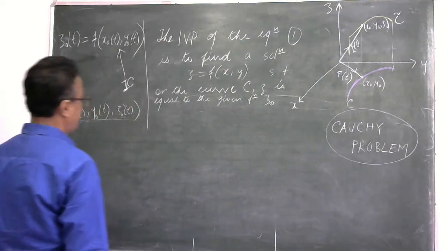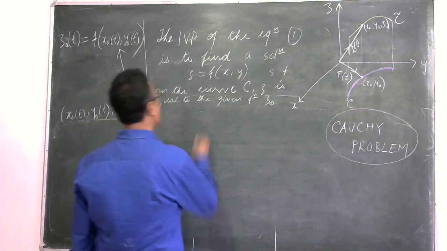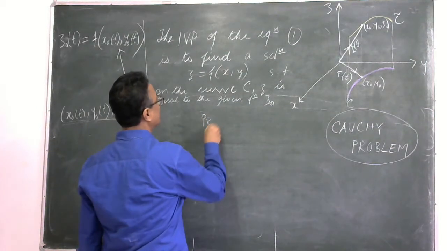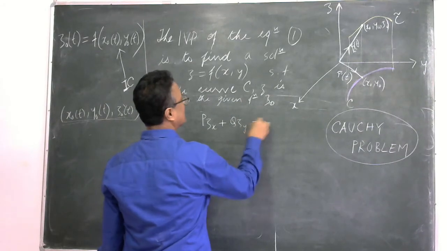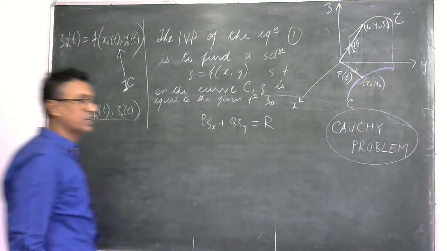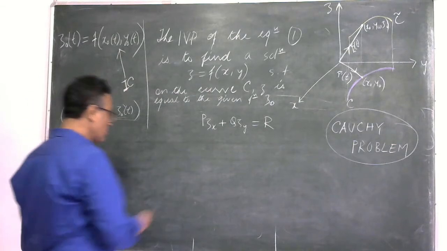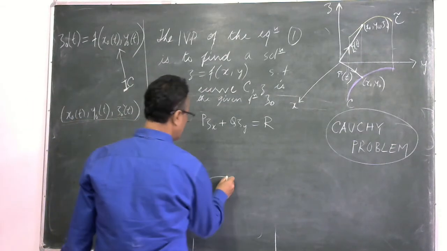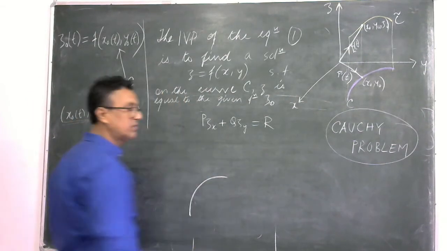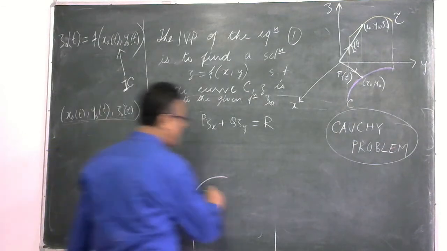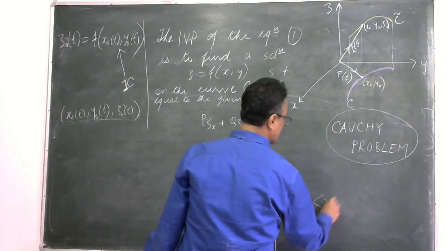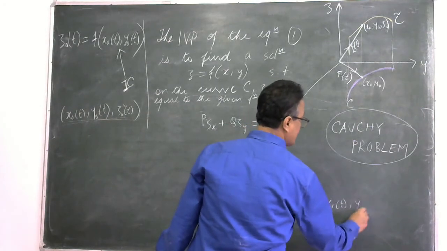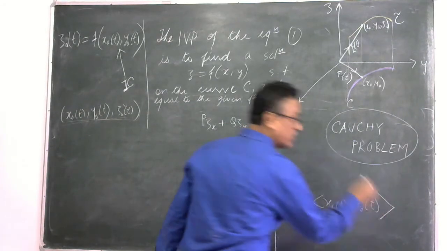Here we have an equation like this, subject to a given curve, which has been parameterized by say r of t equal to x naught of t, y naught of t.